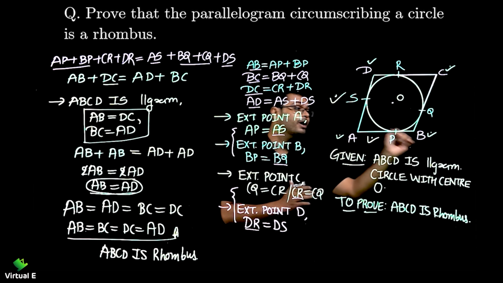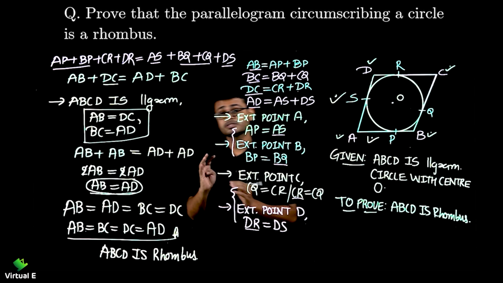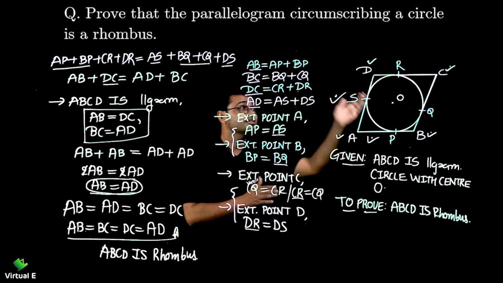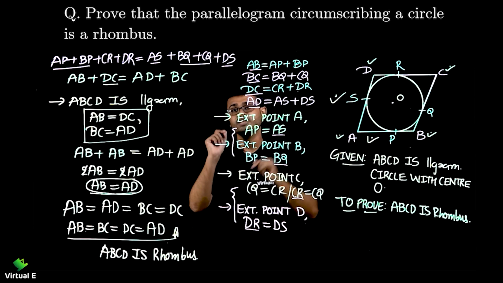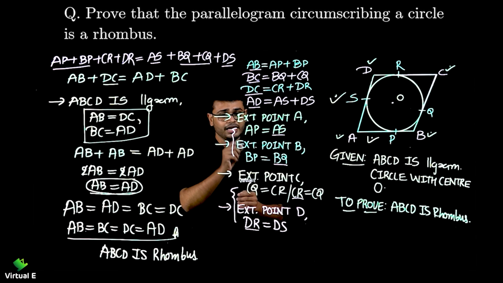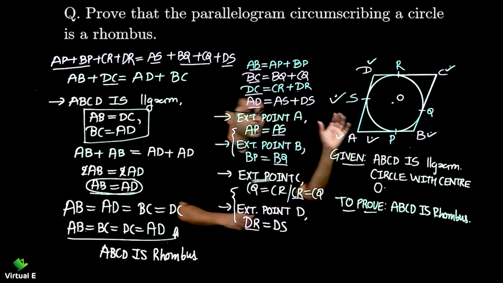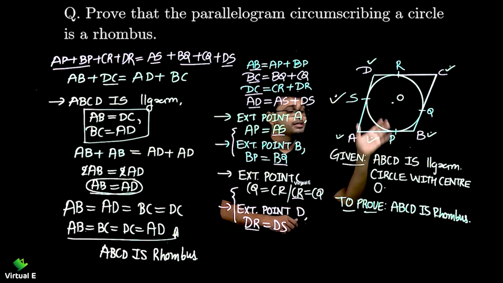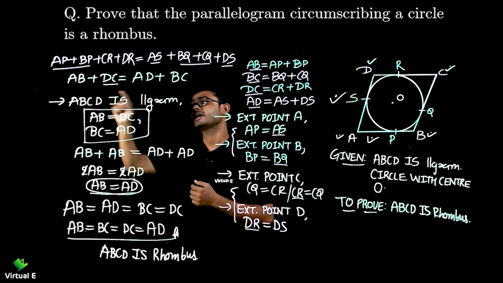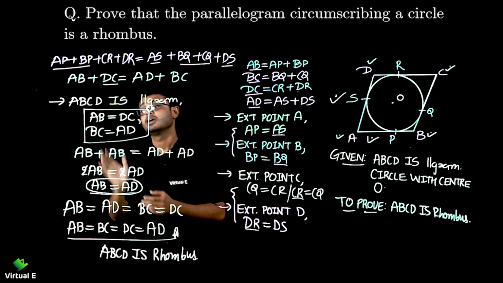Afterwards, there are 4 external points. So write tangents for them, because tangents from an external point to the circle are of equal lengths. You can write this statement here. Then for the 4 points, you need to add in the manner that you get one side, then another, and all the 4 sides in the sum.